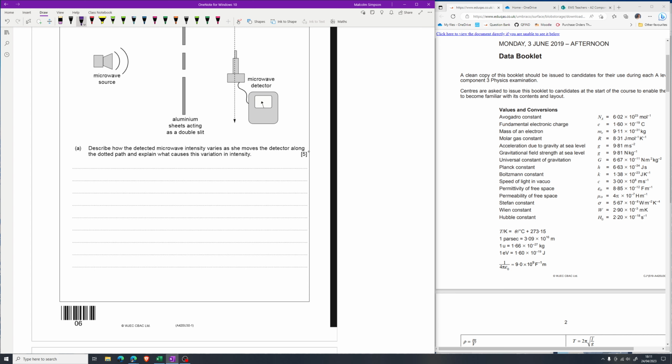So the first thing I'm going to say is that the microwaves are going to diffract out from these slits and therefore spread out. That is, of course, important because if they don't do that, they don't overlap.